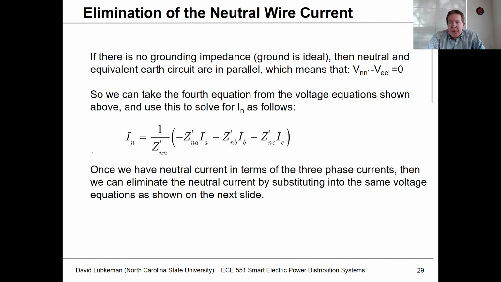And so what we're going to do is assume that this difference in voltages is equal to 0. In other words, if I can ignore the ground tie resistance and assume the grounding's perfect at either end, then the difference in those 2 voltages across the neutral wire and the equivalent earth conductor is going to be equal to 0.